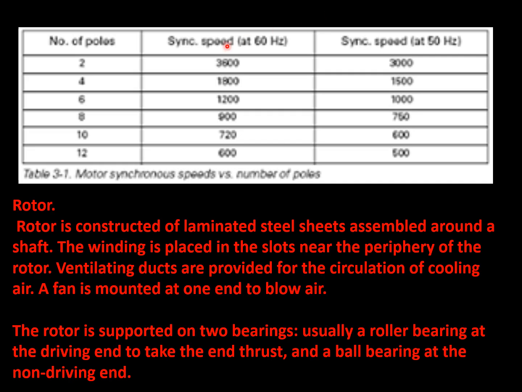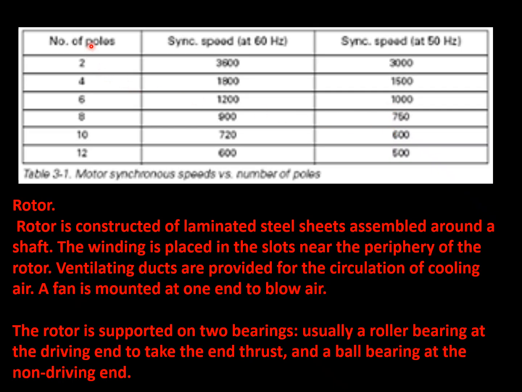Friends, the table here shows the synchronous speed of an induction motor at two different frequencies. One is 60 Hz and another is 50 Hz. In our country, we mostly use 50 Hz.